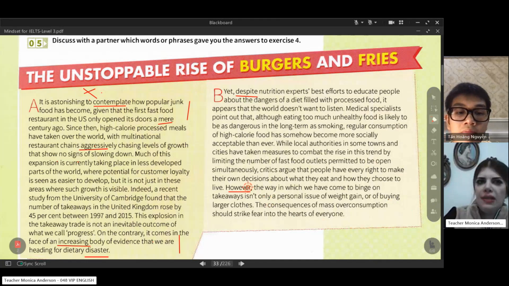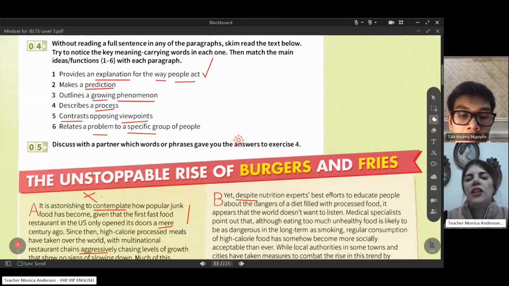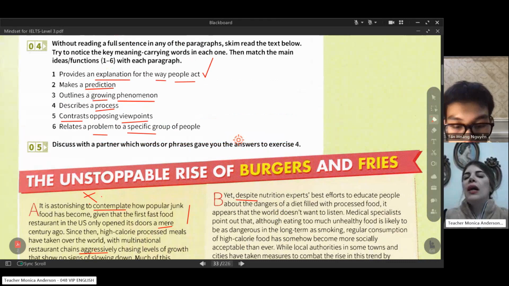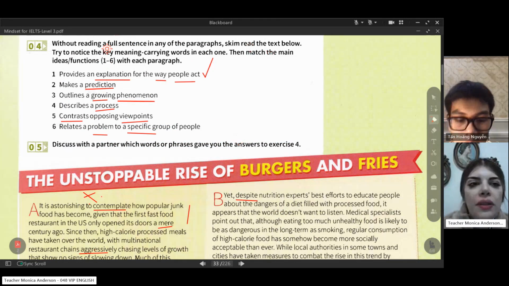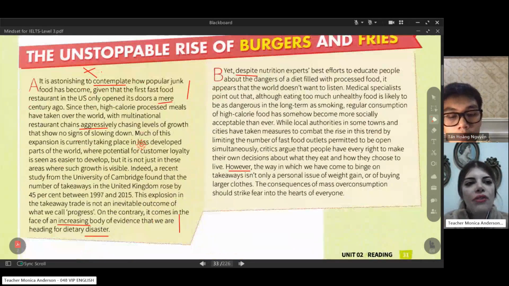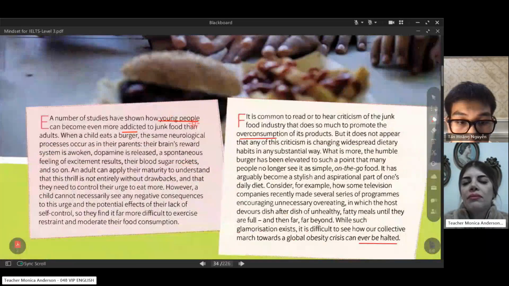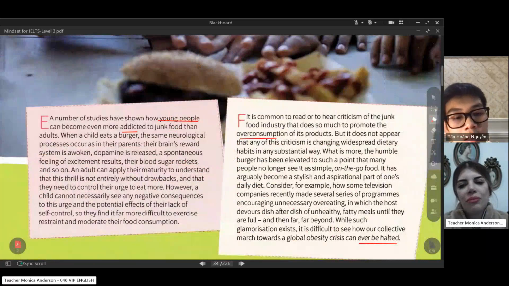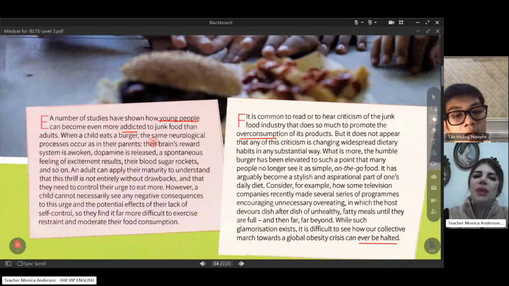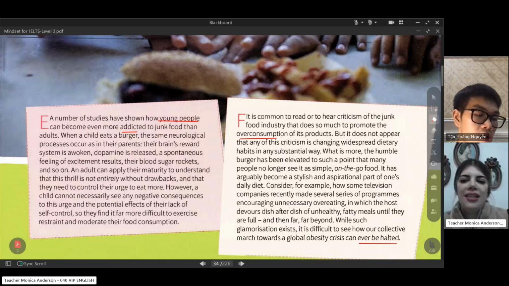So we have some words that help us find the answer, despite, however. We normally use these words to make contrast. The last one relates a problem to a specific group of people, letter E. Of course, young people. Yes, very good.